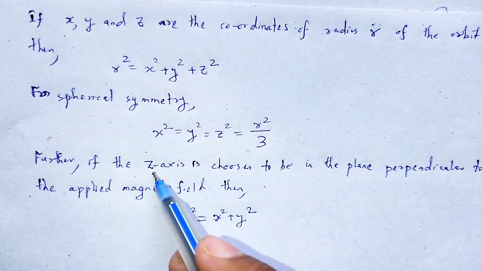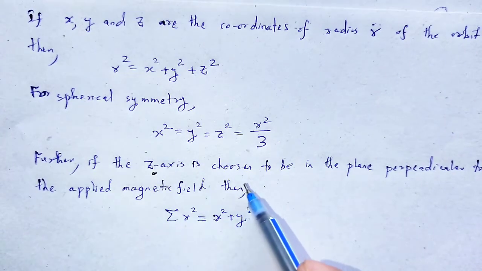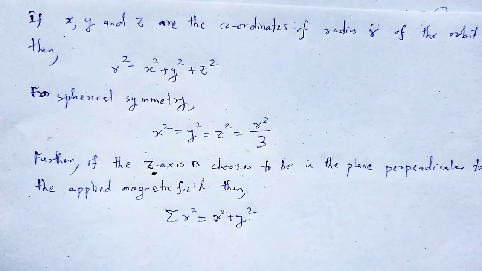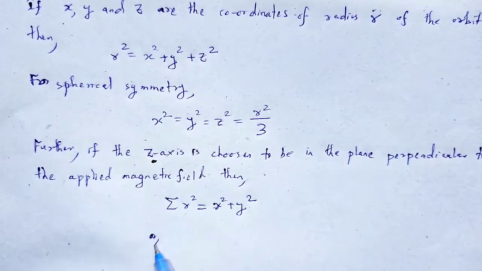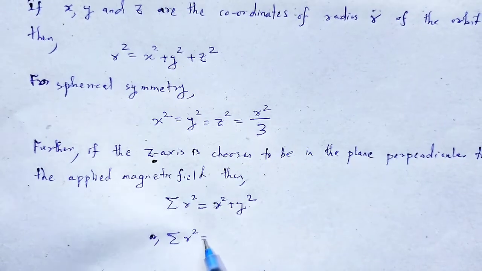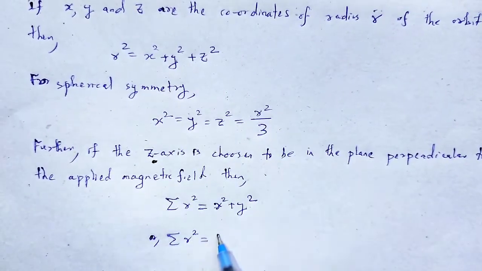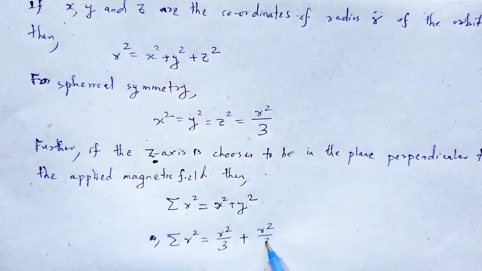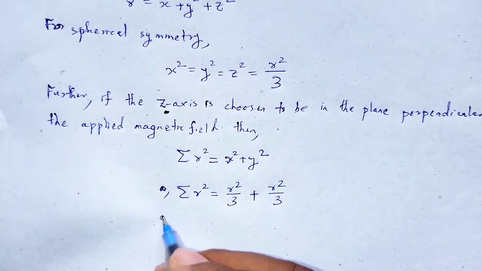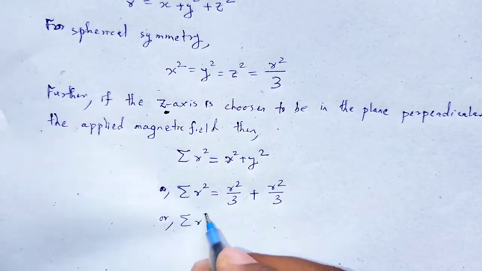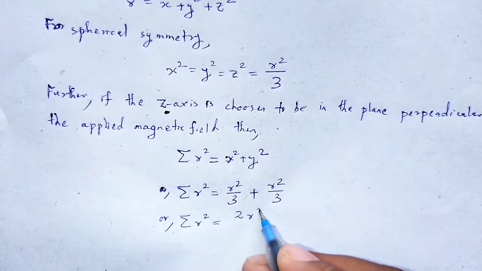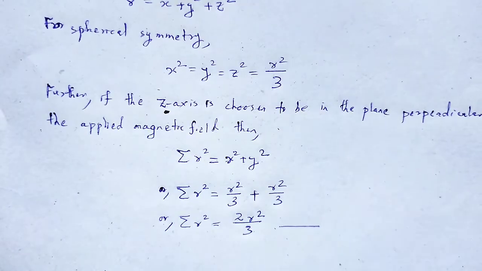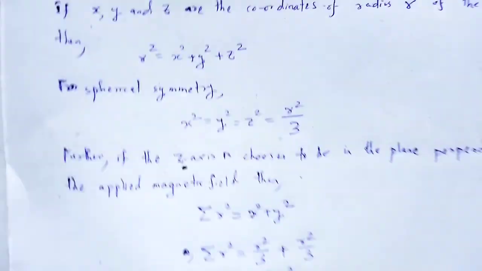Since we choose the z axis perpendicular to the applied magnetic field, summation over r square, with x square as r square by 3 and y square as r square by 3, is equal to 2 times r square by 3. Equation number 7.